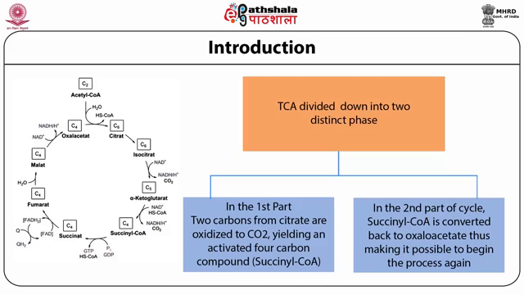In each turn of the citric acid cycle, 2 carbons are added from acetyl coenzyme A and 2 carbons are oxidized as carbon dioxide.